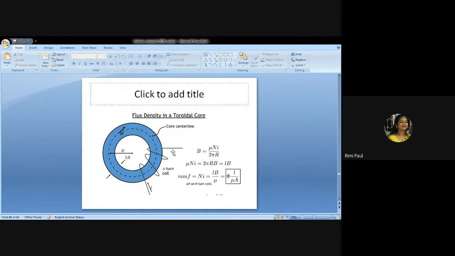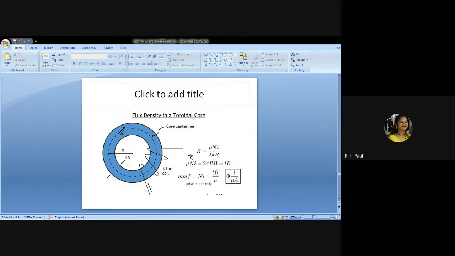Already I have shown you Ampere's law, and here you can see that B is equal to phi by A. Also we can write H into Ni, B is equal to mu H. So H is equal to Ni by L. So we can write B is equal to mu H, H is equal to Ni by L.